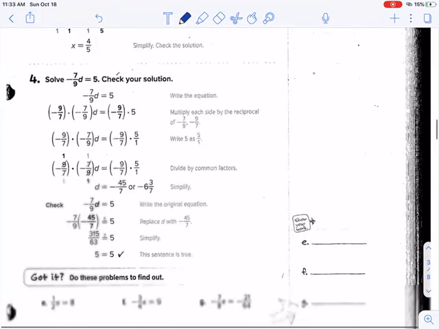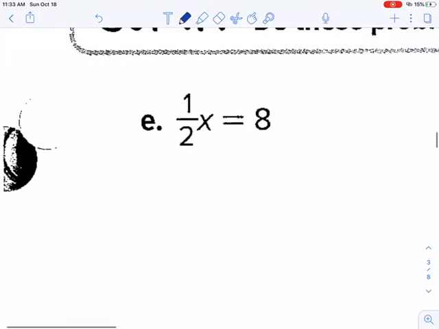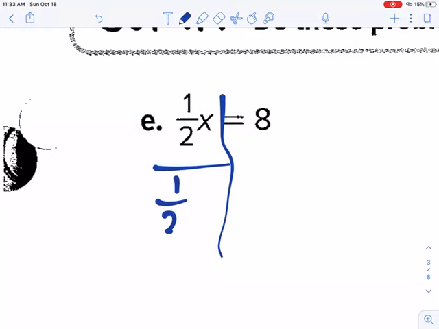All right, let's go to some fraction ones. If you go to the bottom of page 459, we've got 1/2 times x equals 8. You could also say 1/2 of what number is 8? All right, so this is 1/2 times x, so you're going to divide by 1/2. Eight divided by 1/2.